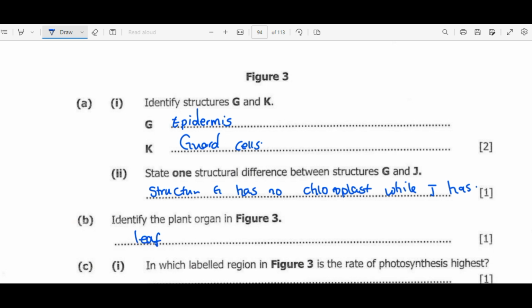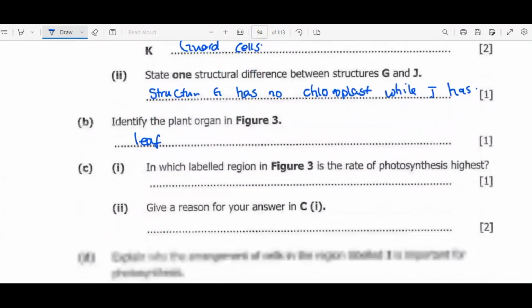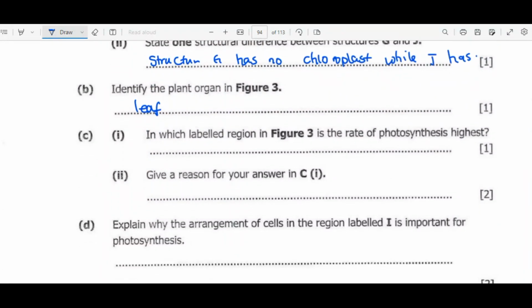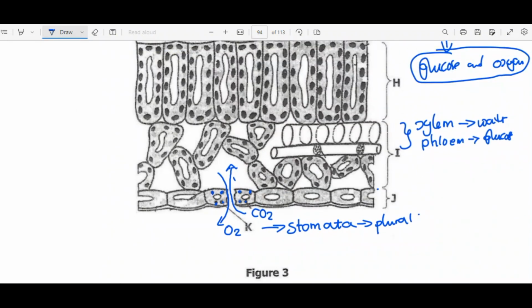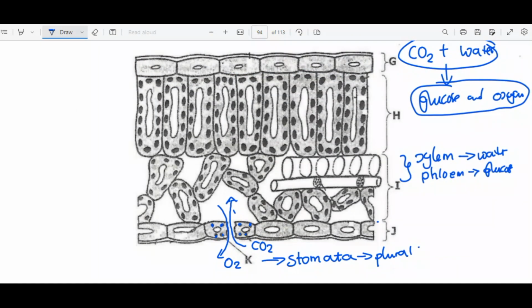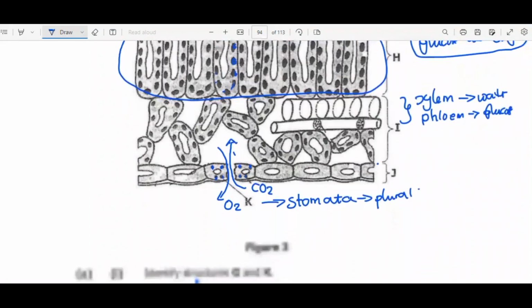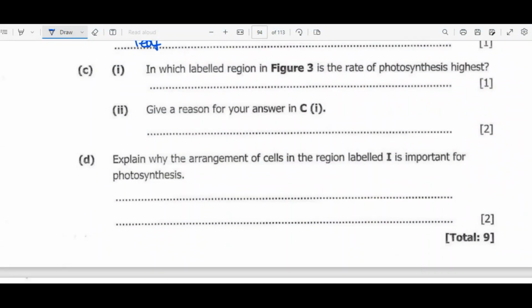Then B, identify the plant organ in figure 3. So this is a leaf. Then we have C1, in which labeled region in figure 3 is the rate of photosynthesis the highest. So this one must be the palisade. The palisade is the region where the process of photosynthesis is high due to the arrangement of cells and also due to the high concentration of chloroplast. So we can see that we have a lot of these chloroplasts, and because of that the process is so high.